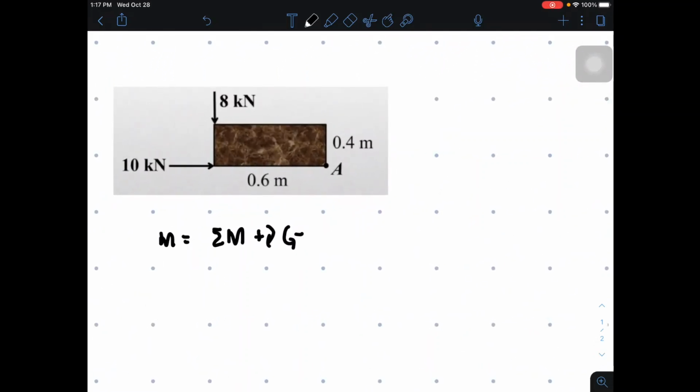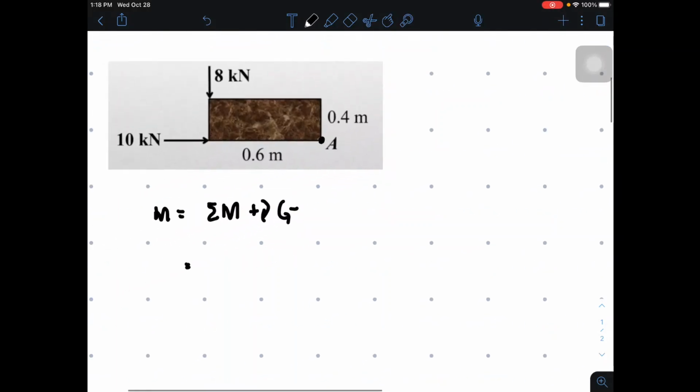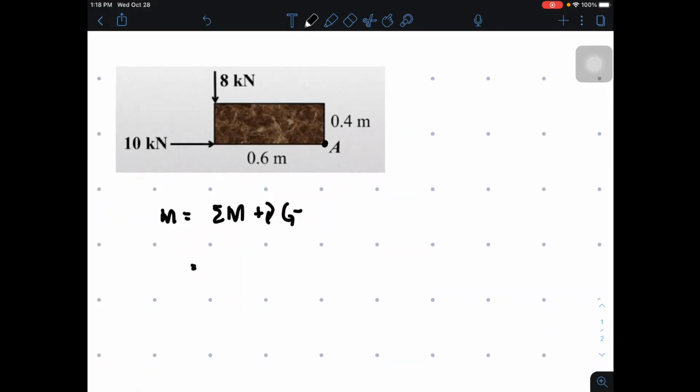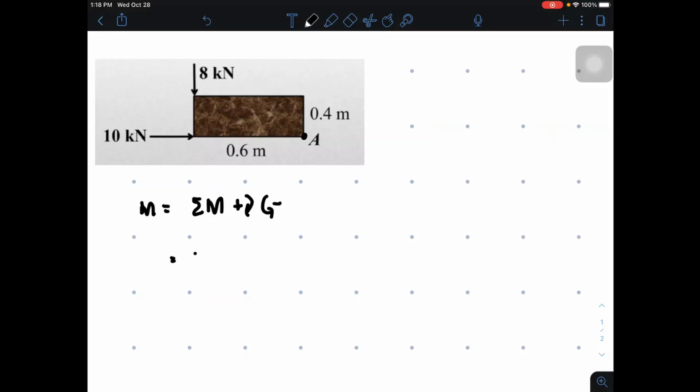If we let 8 kilonewtons rotate about point A, it's going to be the product of the force and the distance, which is 0.6, because again, from the previous discussion, it's going to be the perpendicular distance from the point of rotation to the line of the 8 kilonewtons. So 8 kilonewtons times 0.6 meter.